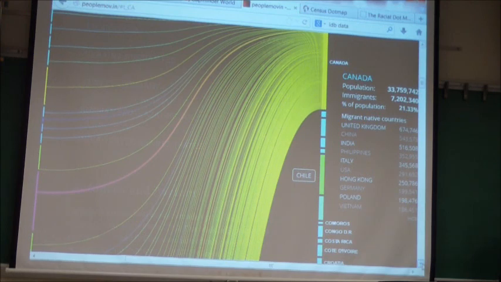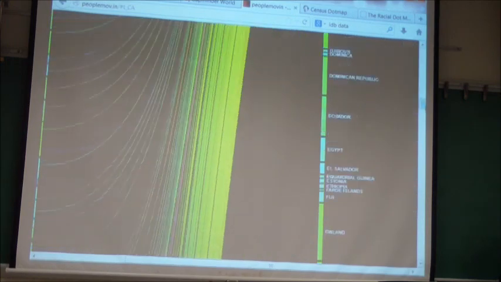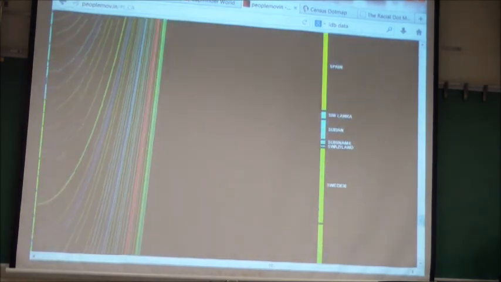If you go to Vancouver, a huge number of Hong Kong migrants have migrated over time. It's not a recent thing. It's been a long migration. Nonetheless, I think we see a pattern where it's a lot of Asian countries, but no Latin American countries. We go ahead and scroll on down to our good friend the United States.